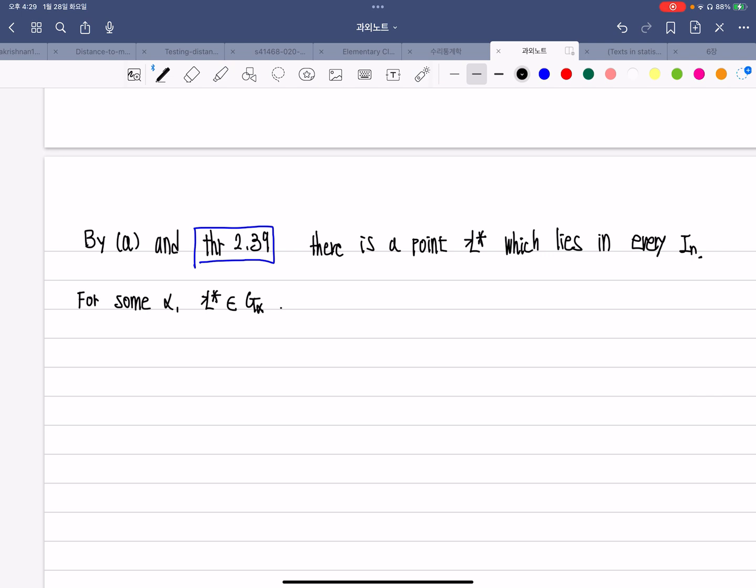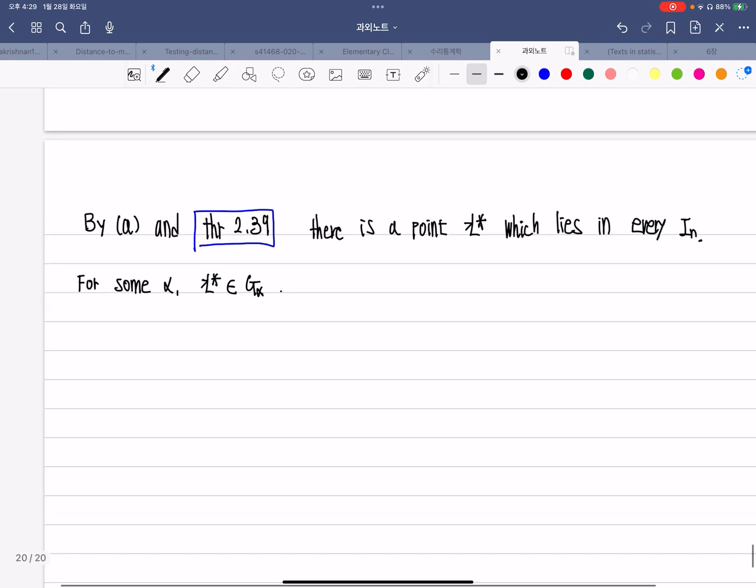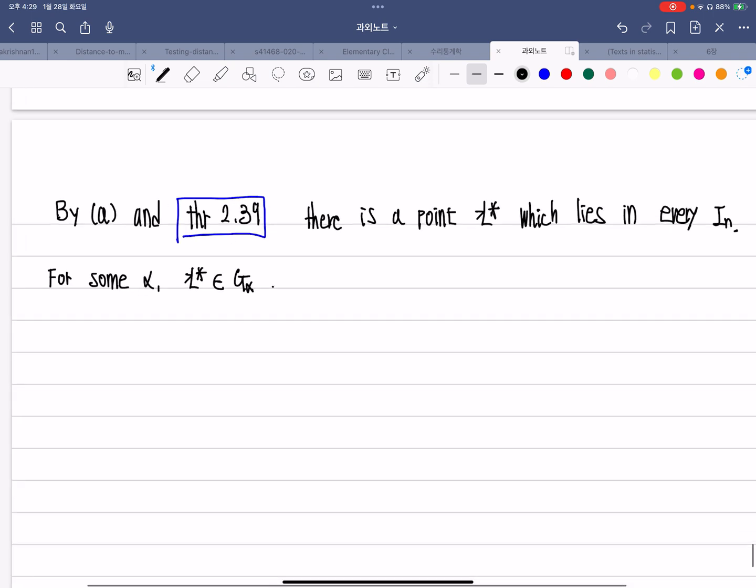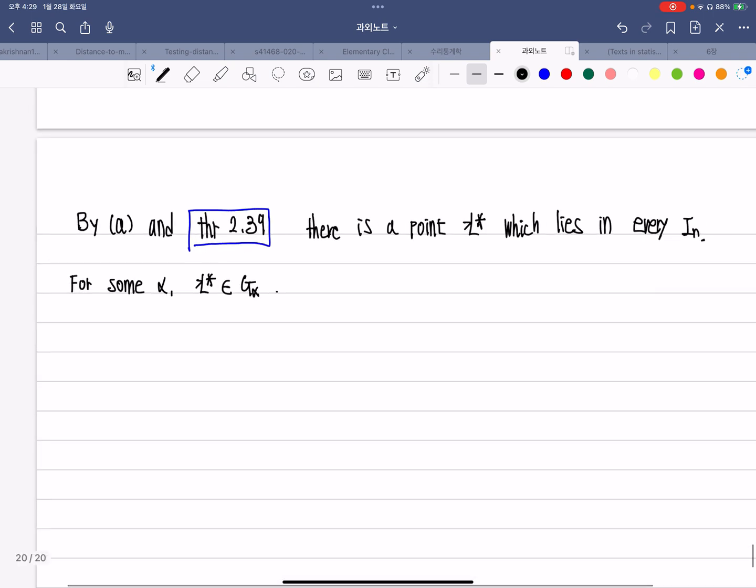Because the collection of G alpha is an open cover of I, and x star is an element of I. Thus there is some alpha such that x star is contained in G alpha.